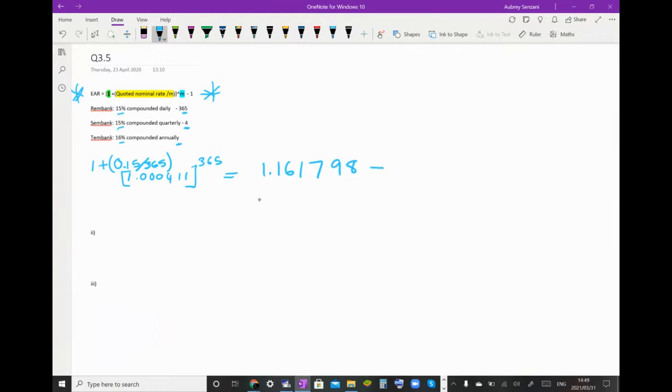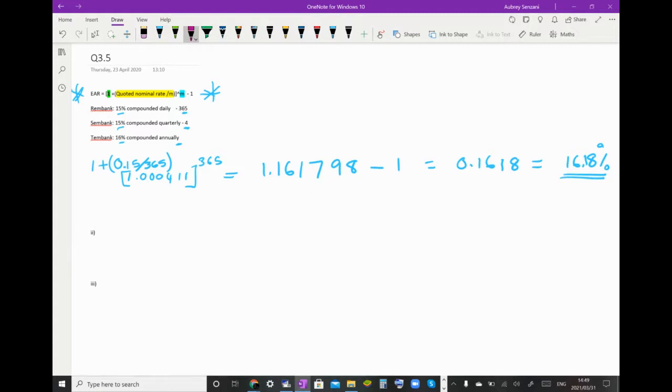Okay, and then this we just minus 1, which would then give us 0.1618, because I see in your textbooks they did it to 2 decimal places, which would then give us 16.18%. Okay, so that's the interest rate for the first one.